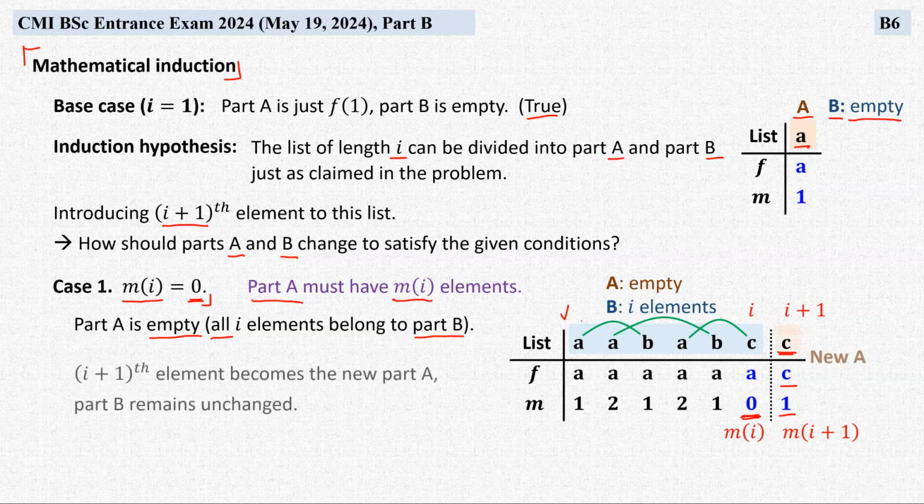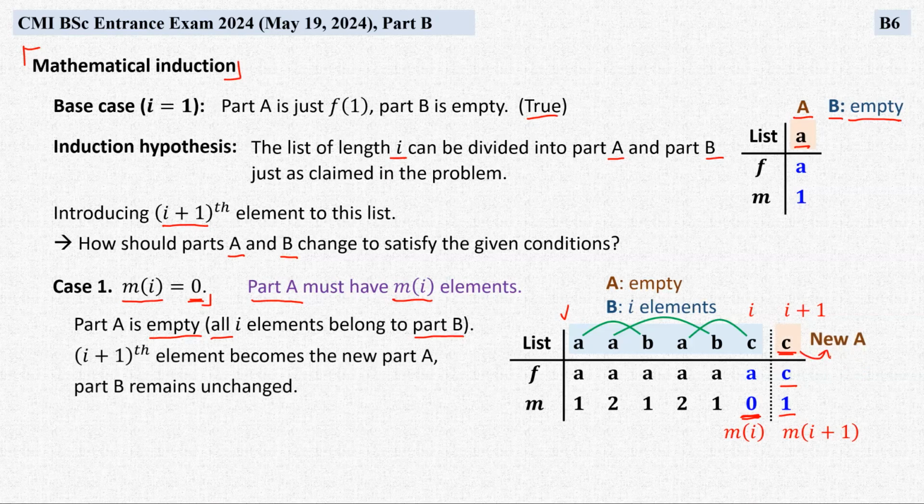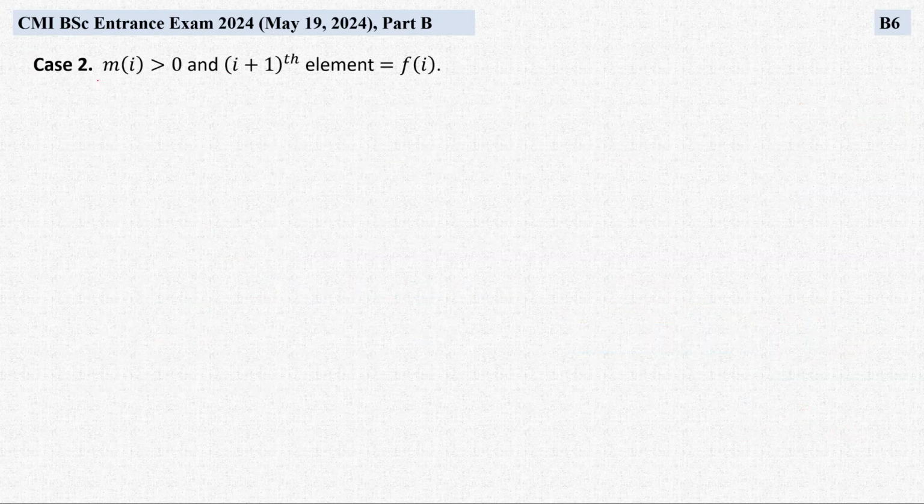In this case, we let the newly introduced i plus 1th element be the new part A, while part B remains unchanged. Then we have the list with length i plus 1 divided into 2 parts that satisfy the given conditions in the problem. Notice that now part A contains 1 element, which is indeed equal to the value of m of i plus 1.